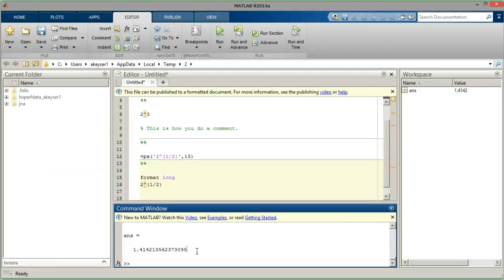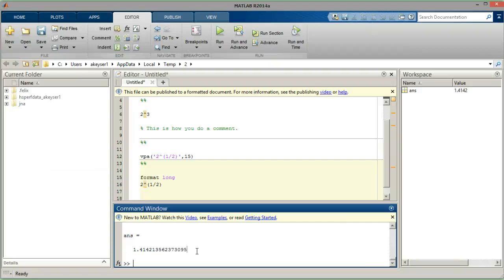If you ask format long for an approximation, it's going to give you exactly 15 different decimal places. If you have questions about that, just email me or something, but I think that's clear.